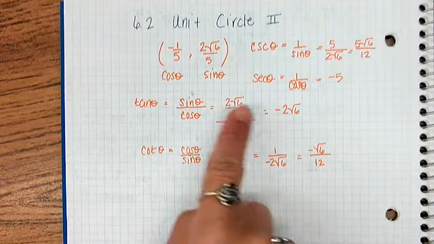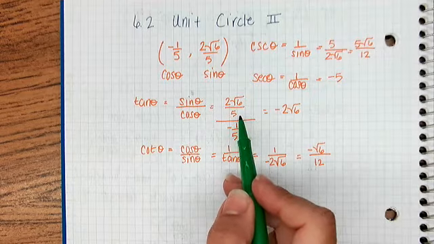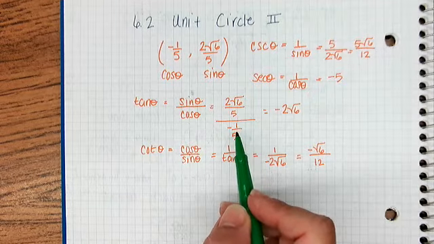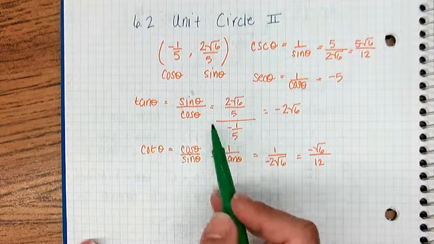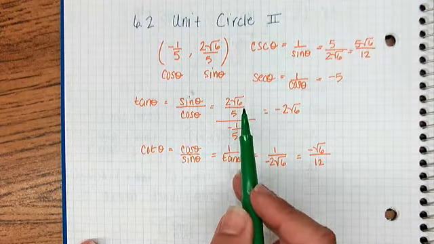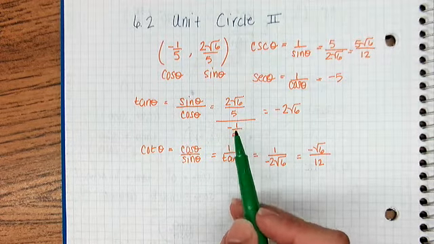Okay, I want to come back to how I knew quickly that 2√6/5 divided by -1/5 was -2√6. Notice that this is a complex fraction. A fraction over a fraction is called a complex fraction, and they have the same denominator.